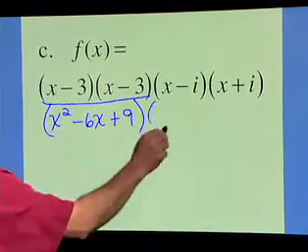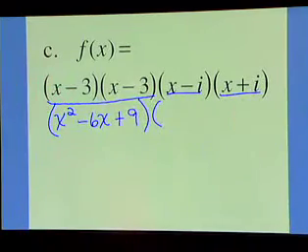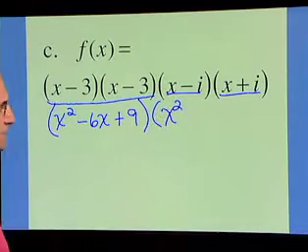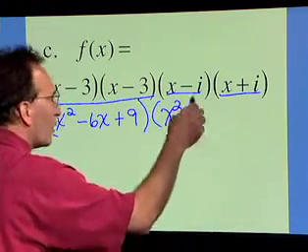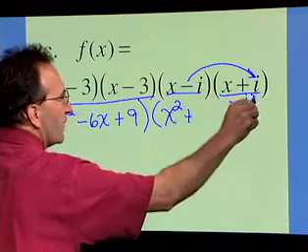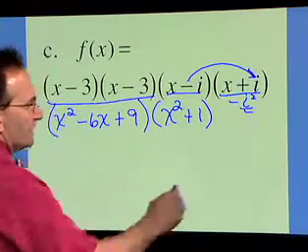Then we can use what we've already seen before. When we're multiplying a complex number by its conjugate, we get the first term squared, so that's x squared, plus the last term, negative i times i is negative i squared, which gives me a plus 1 because i squared itself is negative 1.